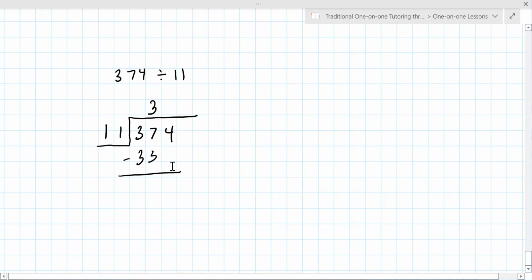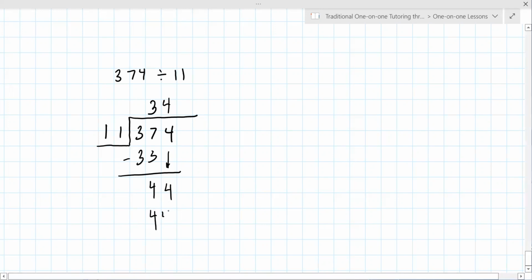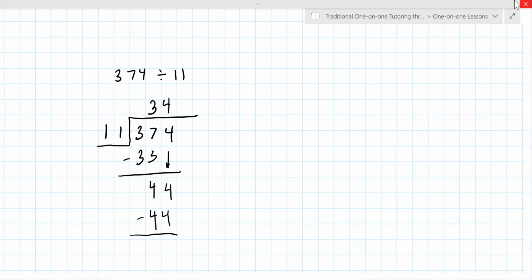What is 37 minus 33? 4. And then you bring down this 4. How many times does 11 go into 44? 4 times. What is 4 times 11? 44. And then you subtract. And what's left over? 0.